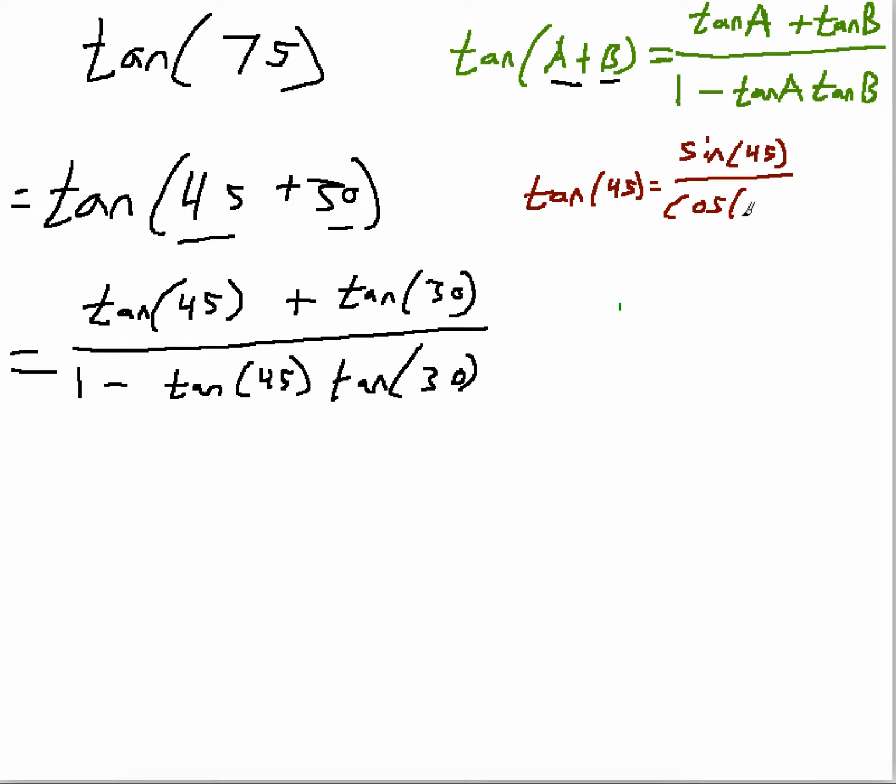So opposite over hypotenuse divided by adjacent over hypotenuse gets you opposite over adjacent, which is the definition of tangent. So sine of 45 is square root of 2 over 2. Cosine of 45 is square root of 2 over 2. So tangent of 45 must equal 1 because it's something divided by itself.